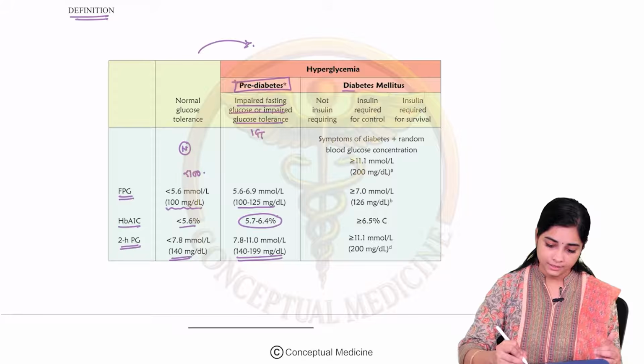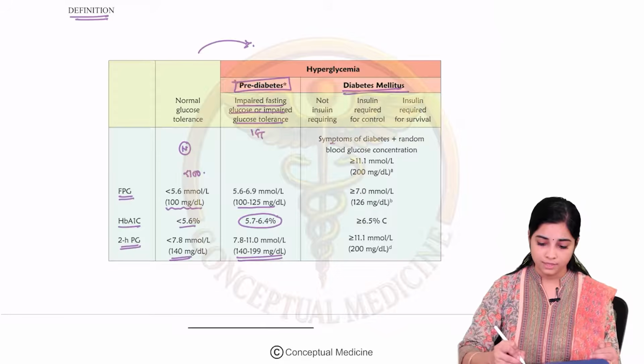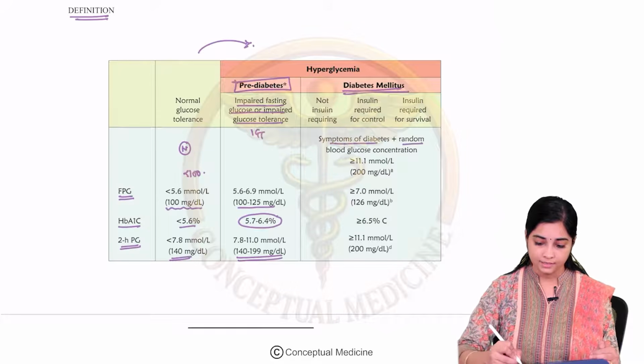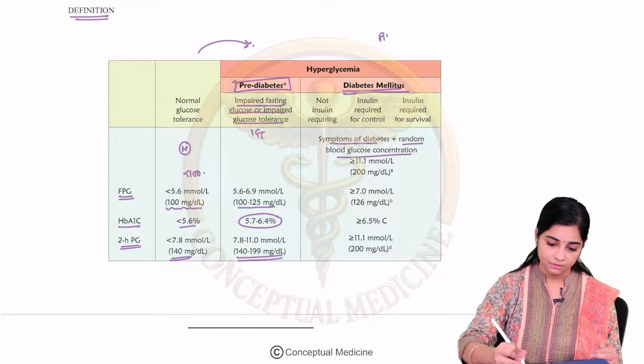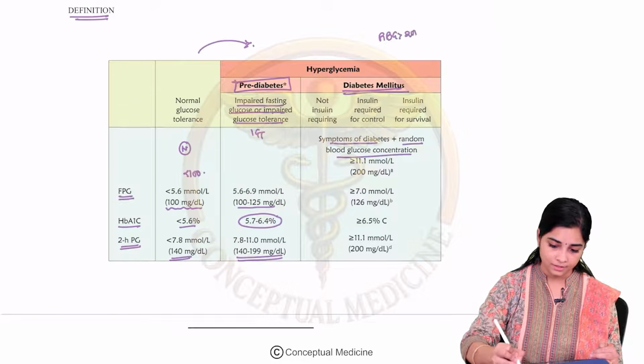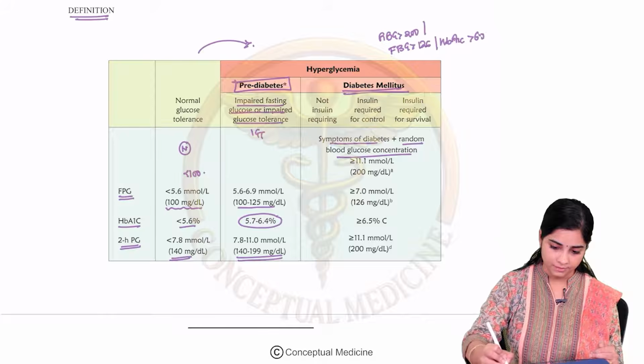When do you call it diabetes mellitus? When there are symptoms of diabetes and random blood glucose more than 200, or fasting blood glucose more than 126, or HbA1c more than 6.5, or your postprandial blood glucose is more than 200.